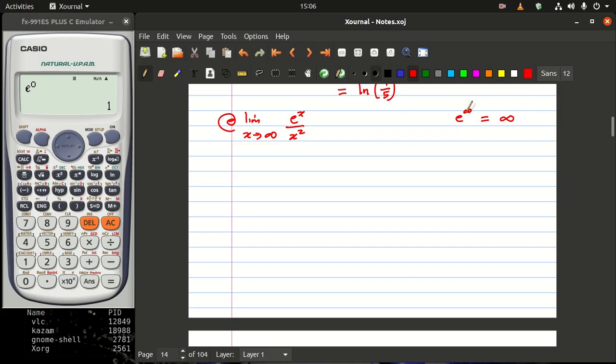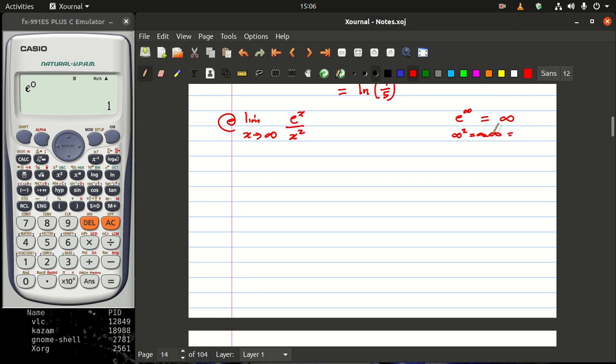I know that. This function here is increasing unboundedly to positive infinity as x increases to positive infinity. And if you look into this one here, you know that infinity squared is the same as just infinity times infinity.